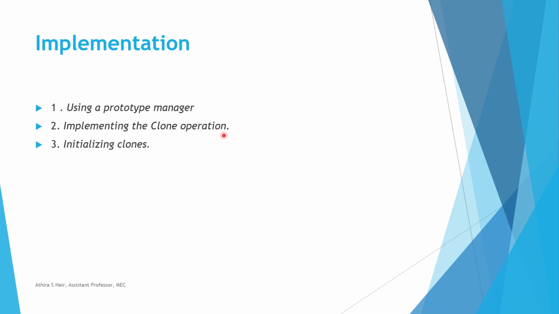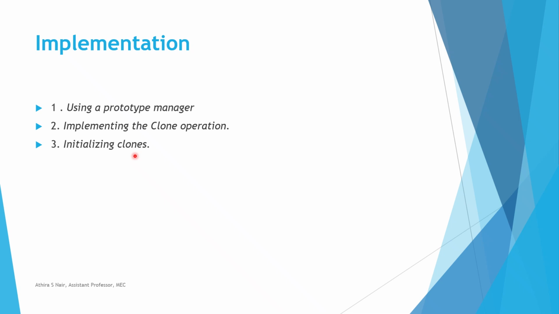Implementing the clone operation: the hardest part of the prototype pattern is implementing the clone operation correctly. It is particularly tricky when object structures contain circular references. Then initializing clones. While some clients are perfectly happy with the clone, others will want to initialize some or all of its internal state to values.